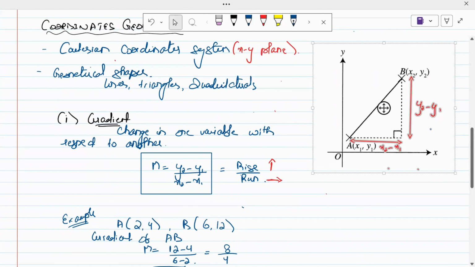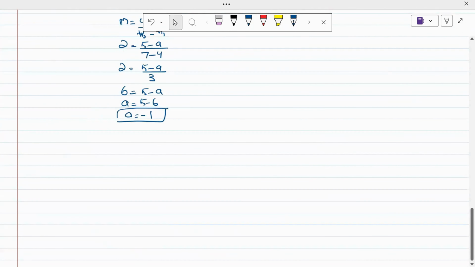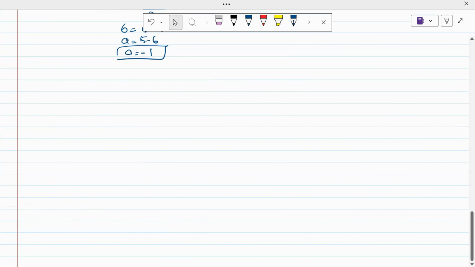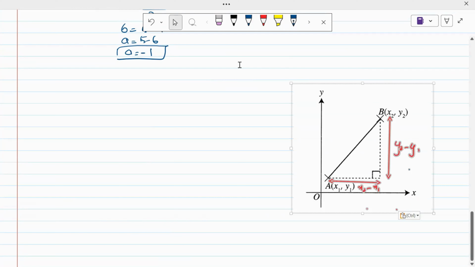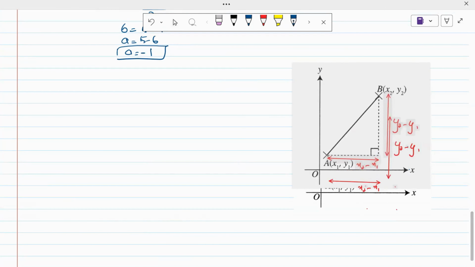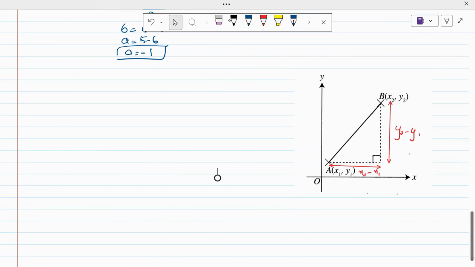After gradient, another important concept related to the Cartesian coordinate system is the concept of distance or length. So here again, we are talking about the xy plane, and for this xy plane, we would be dealing with 2 points only. For these 2 points, A and B, if we have to find the distance between the 2 points, for distance, we also use the word length.